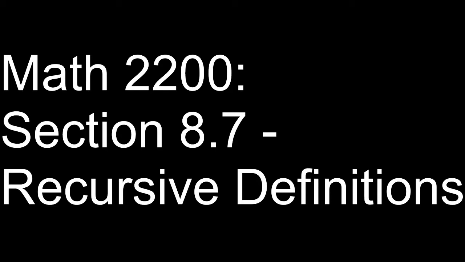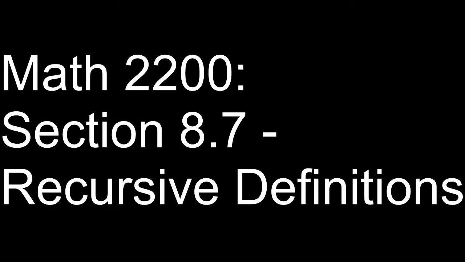It's titled Recursive Definitions. So we've seen recursive formulas before, earlier in this chapter, how to define a sequence recursively. That's where every term of the sequence depends on previous terms, and you had some initial terms, or base cases really, defined for you. This is kind of the same thing.